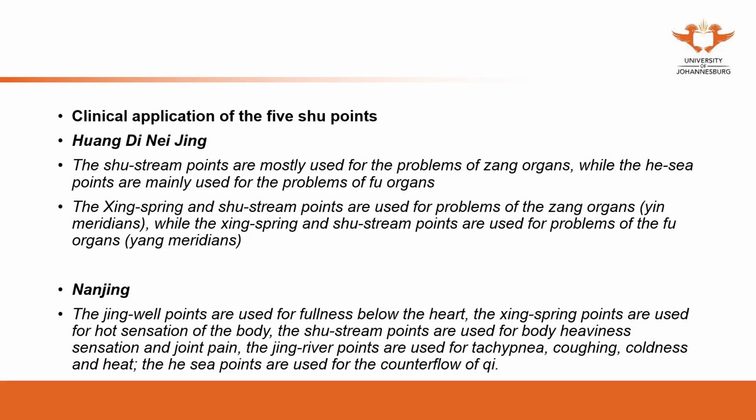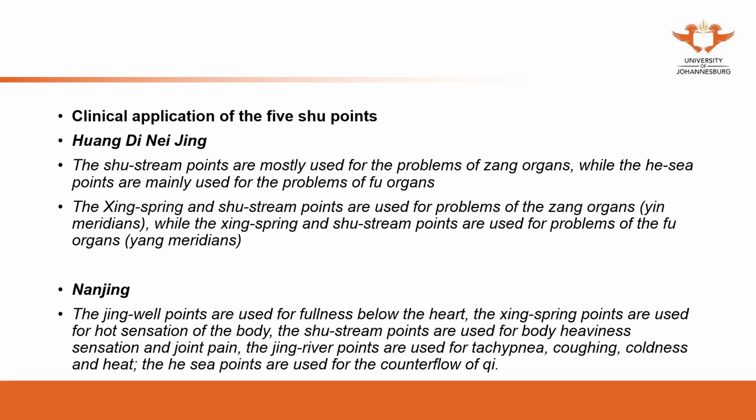The same points, so why does it emphasize Zang organs and then Fu organs? That's because of the meridian. The Ying and Shu points of yin meridians can be used for Zang organs. The Ying and Shu points of the yang meridians can be used for the Fu organs.